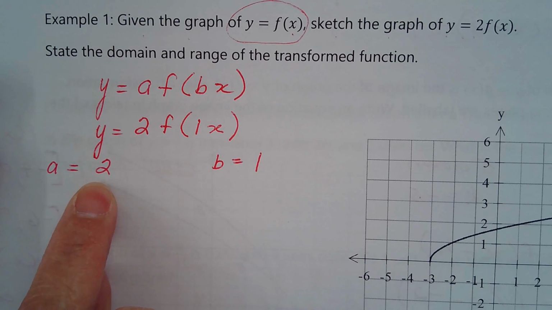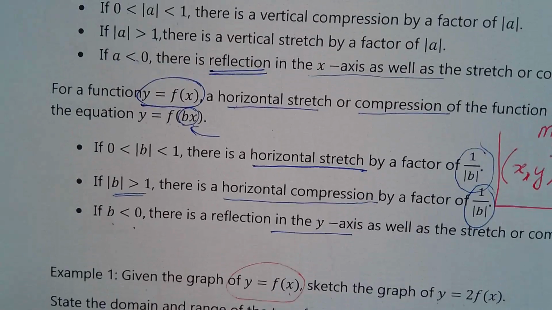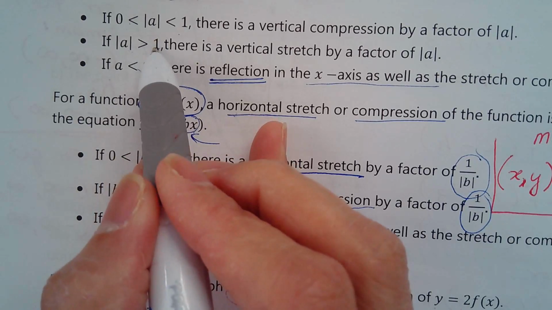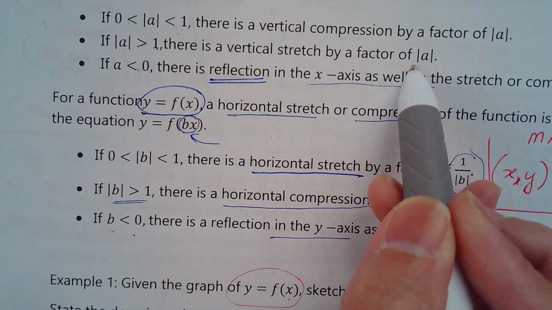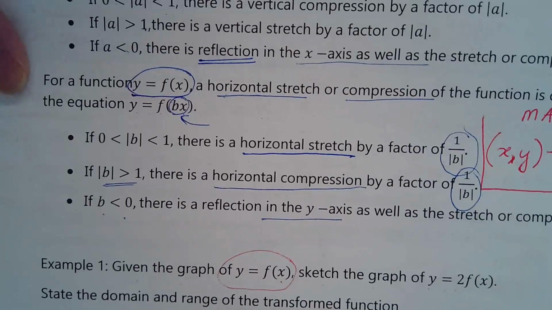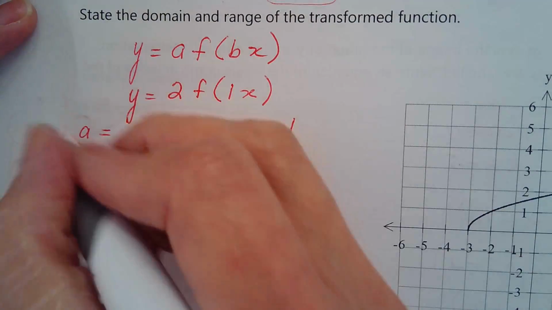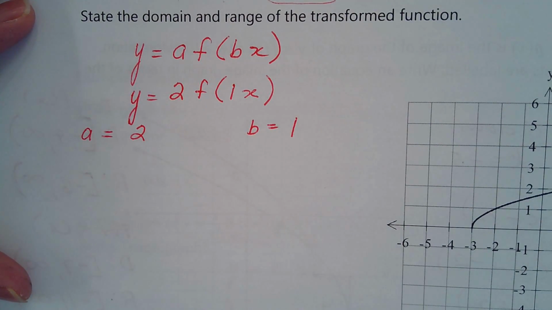What does the a mean? If the absolute value of a is greater than 1, then there is a vertical stretch by a factor of that. So this is greater than 1, yes? In this case, we want to develop a vocabulary, a way to say this.